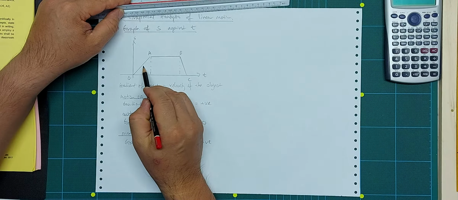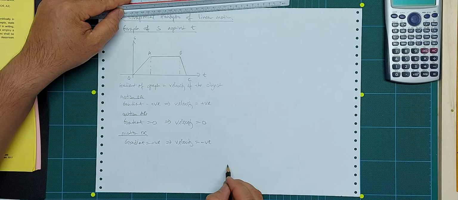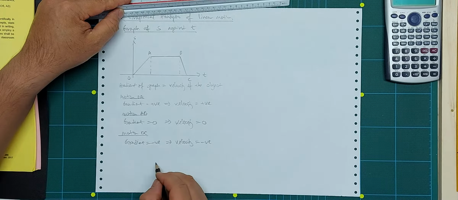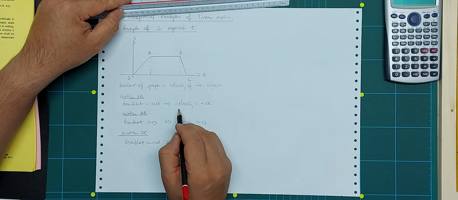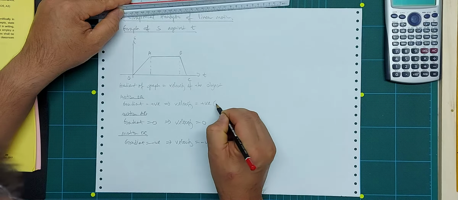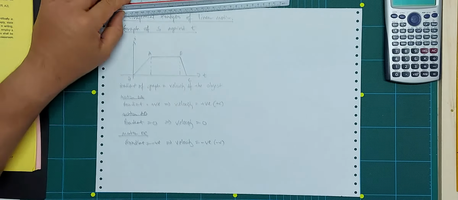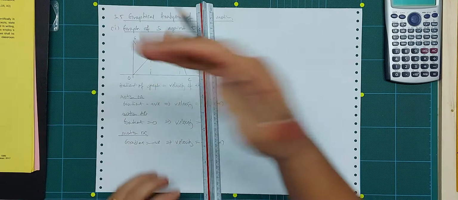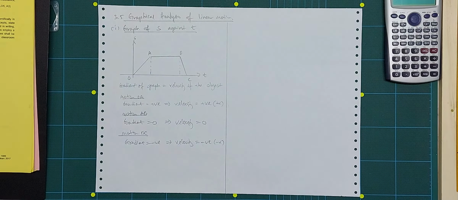The object is moving to the right hand side, then stops for a while, and then comes back in a negative direction. So this part is in the positive x direction, and this part is in the negative x direction. That is how the graph gives us information.